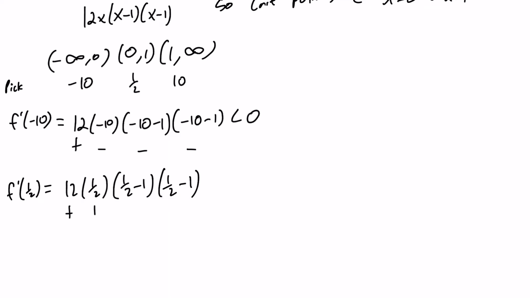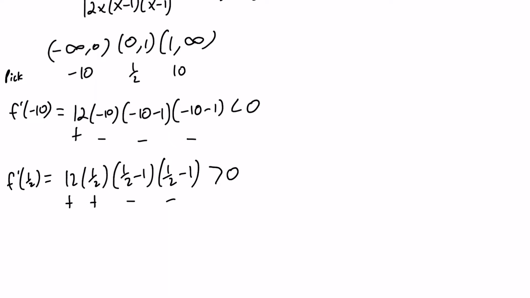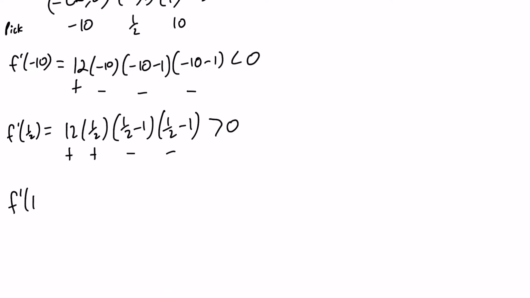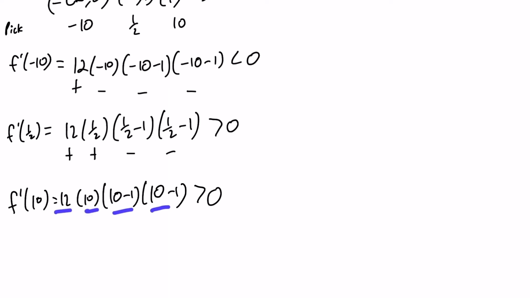So we have a plus, plus, minus, minus. If we multiply all those together, we're going to get something bigger than 0. And then lastly, if we plug in 10, we're going to get 12 times 10 times 10 minus 1 times 10 minus 1, which is also going to be positive because all 4 of these are positive.